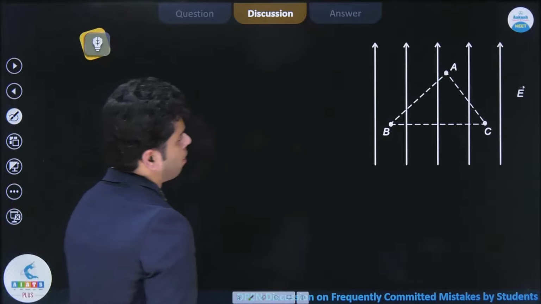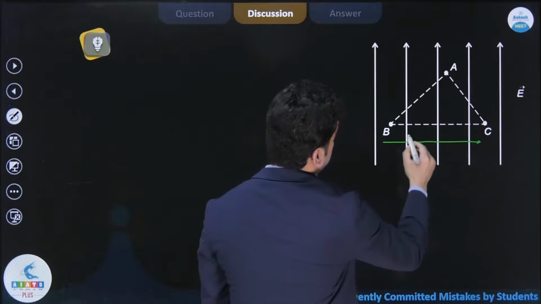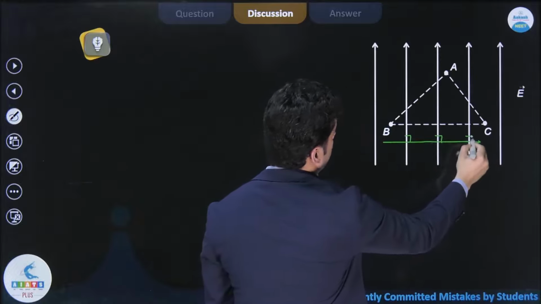देखिए, when you are moving from B to C, you are moving in a direction perpendicular to the electric field.